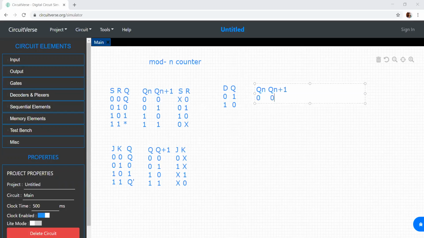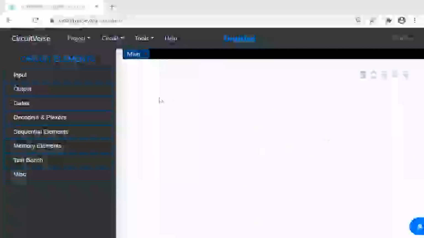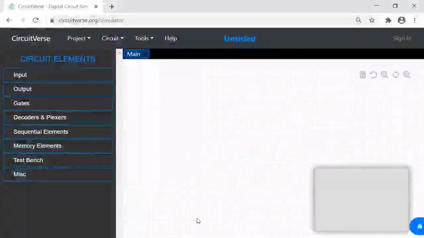So there are 4 combinations: 0, 0, 0, 1, 1, 0, and 1, 1. Then we have D. D will always follow Qn plus 1, so we can write directly that D is following Qn plus 1. So it is 0, 0, 1, 1. Now what is the truth table for T flip-flop?